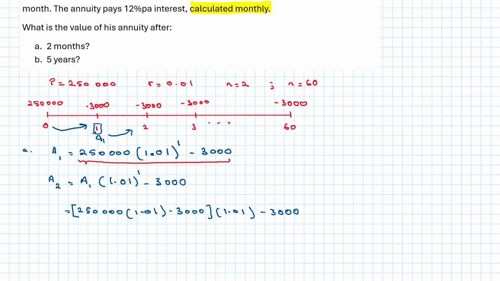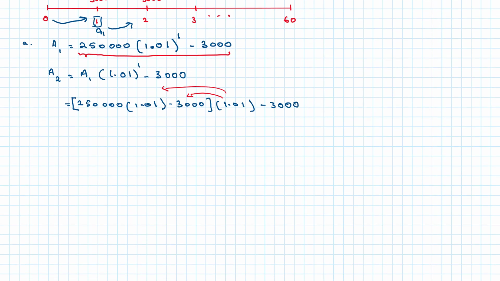Just like with home loan repayments, I'm now going to expand this bracket by multiplying the term outside with everything inside. That gives me 250,000 times 1.01 squared, minus 3,000.